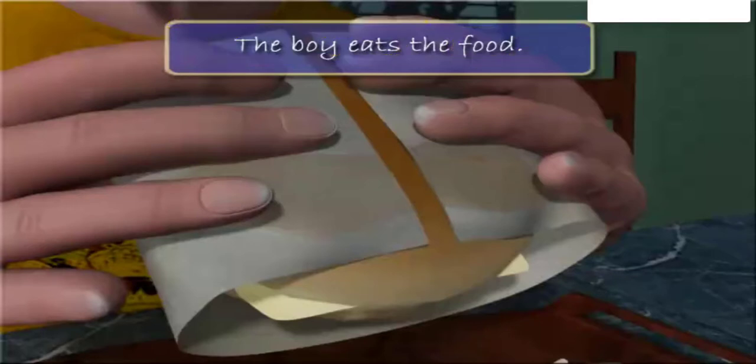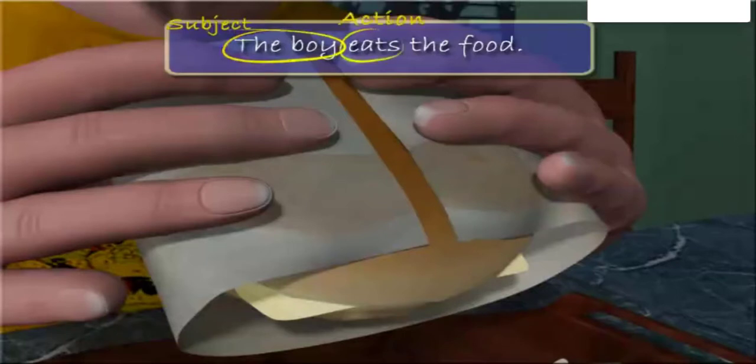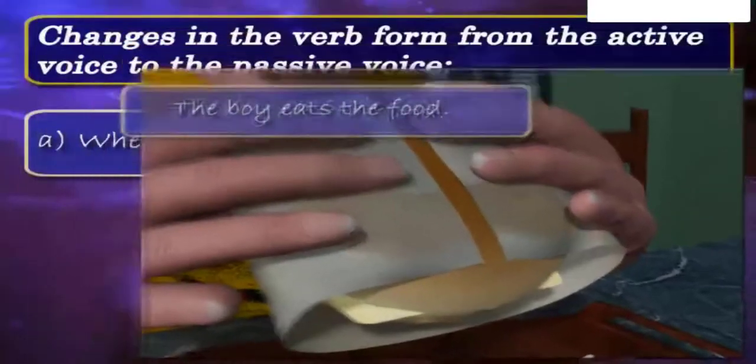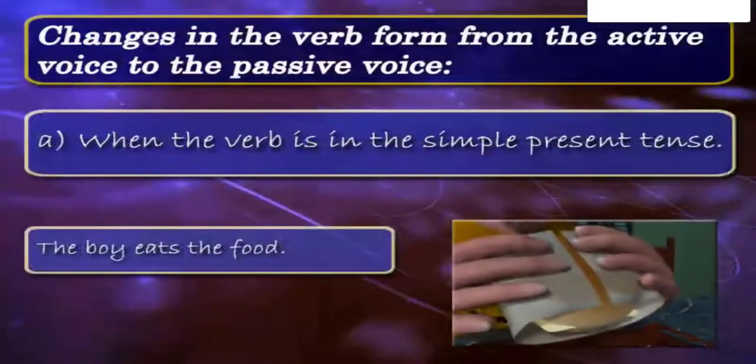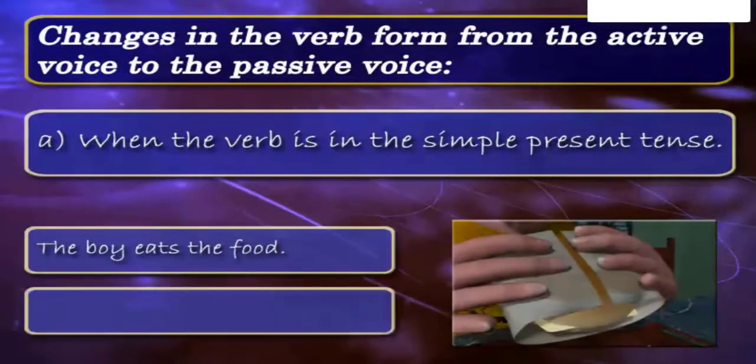In order to change it, we will make the subject of the sentence as the receiver of the action eats. So, the sentence in passive voice becomes, the food is eaten by the boy.